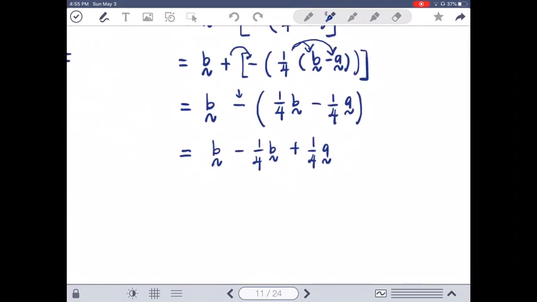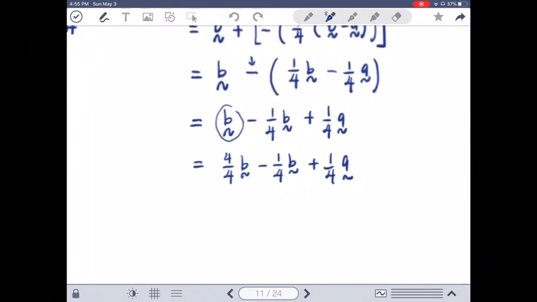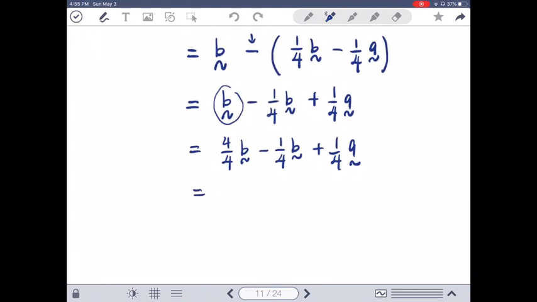Right, so B is just 4 over 4B minus 1 over 4B plus 1 over 4A. So the same component, we have 4 minus 1, 3 over 4B plus 1 over 4A.